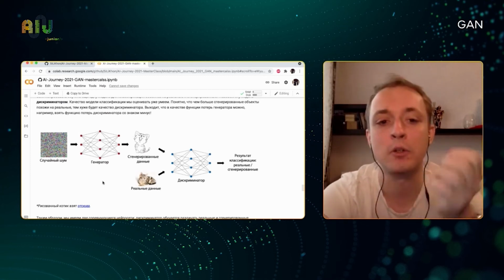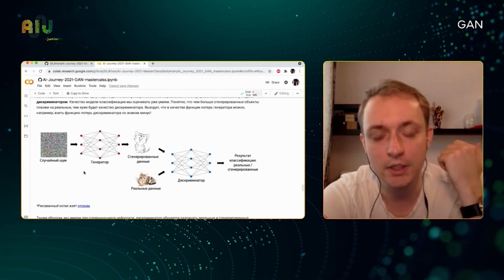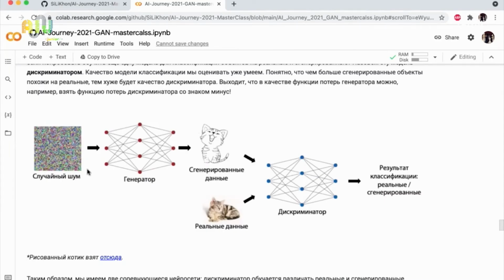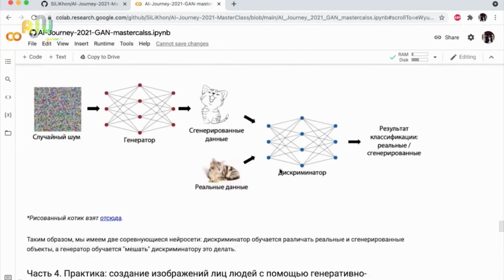It's difficult to tell them apart. In this case, the loss function of the generator will be just the classifier loss function with a negative sign. So we can adjust this model in such a way that it resolves the task here.